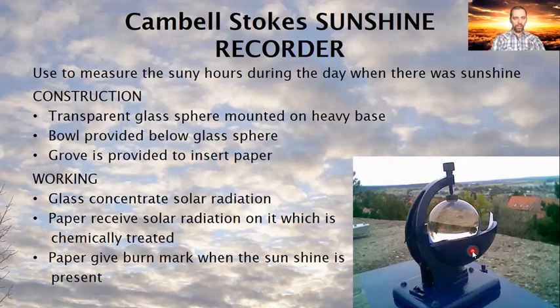Why is it working? The hours of bright sunshine are recorded by the rays of the sun passing through the sphere here, and the sunshine is traveling through this sphere. And because of the focus, it will make a burn hole on the paper, which is placed behind the glass sphere.